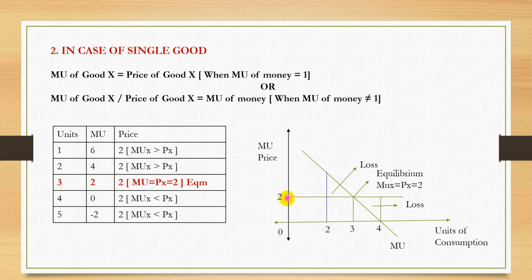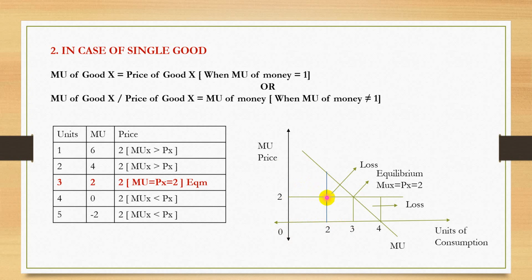He will pay this much, this is the price paid by him, this rectangle. And he is getting the satisfaction equivalent to this area. That means he is getting more than what he pays. That is called the consumer surplus.